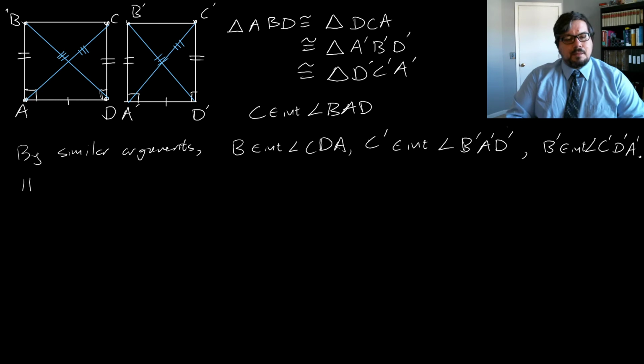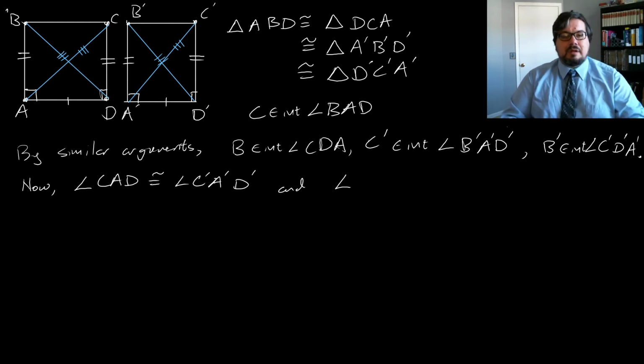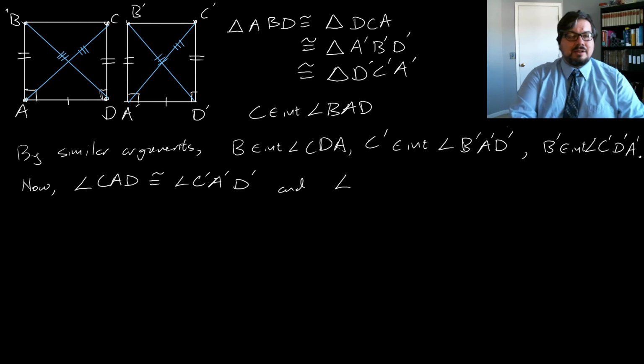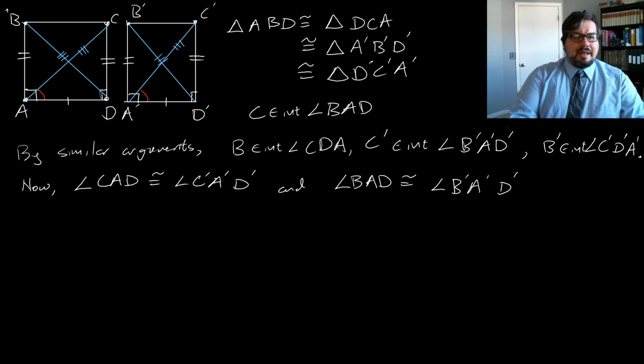So now we have that angle CAD is congruent to angle C prime A prime D prime, because they are corresponding angles inside congruent triangles, and we have that angle BAD is congruent to angle B prime A prime D prime, and that's just because they're both right angles.